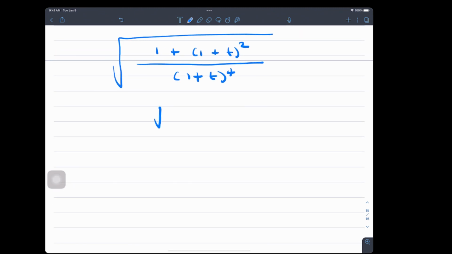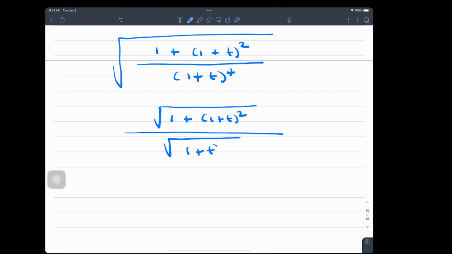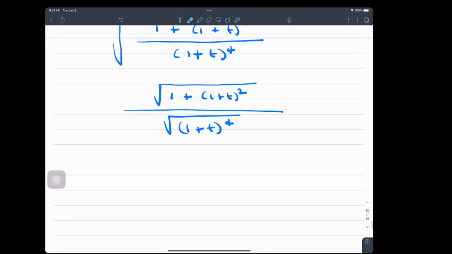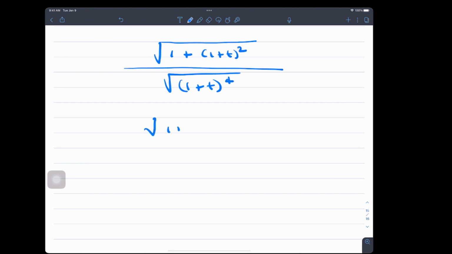You take the square root of the numerator, 1 plus t squared, over the square root of the denominator, 1 plus t to the 4th. So I still have 1 plus t squared, and that reduces to 1 plus t, everything to the second power here.